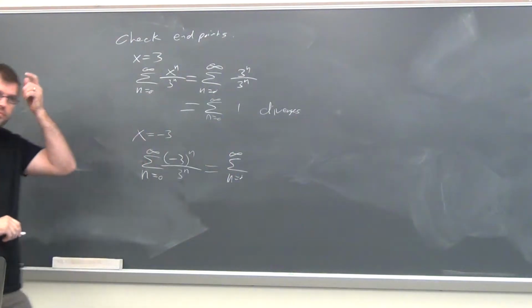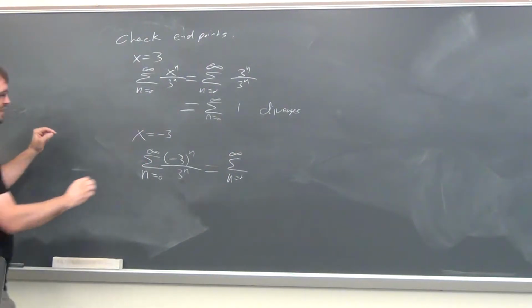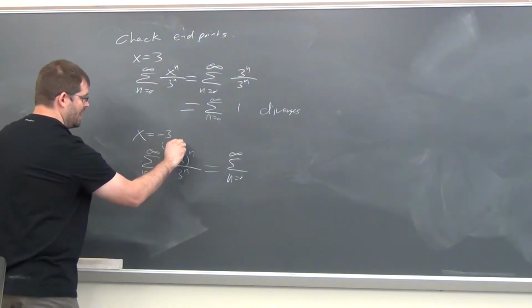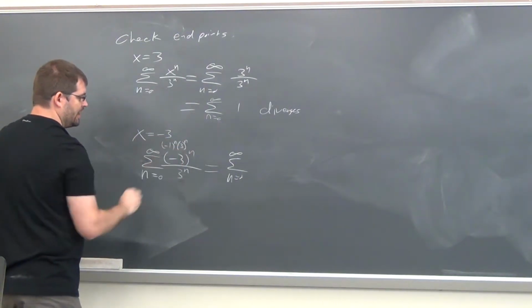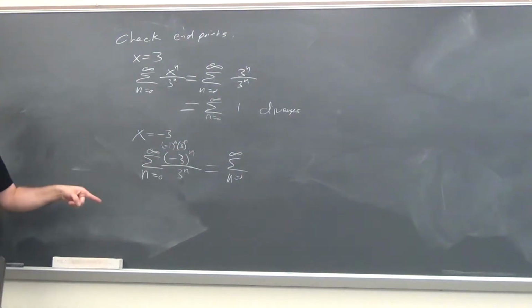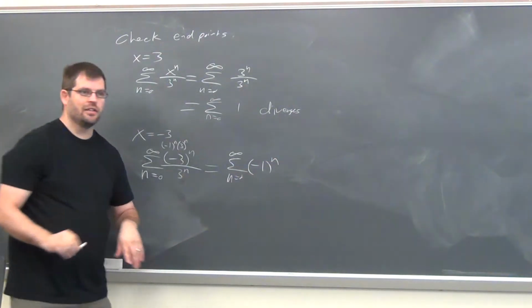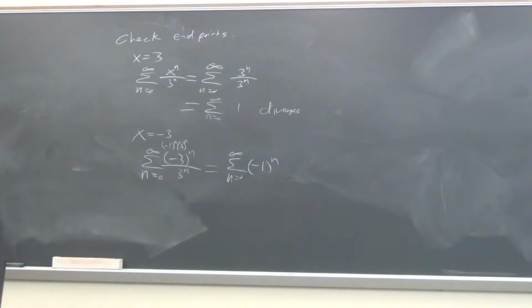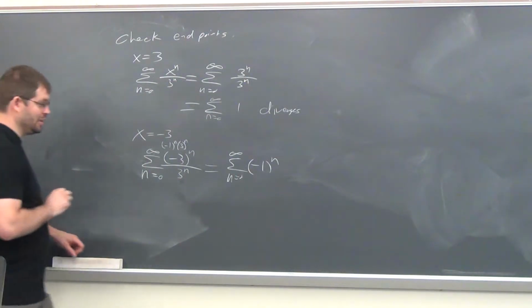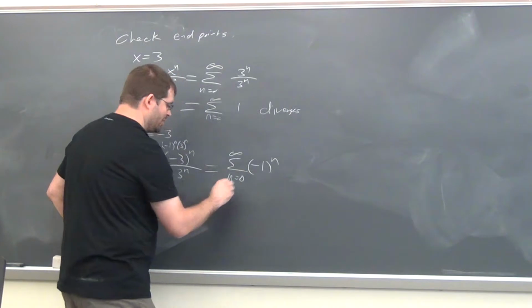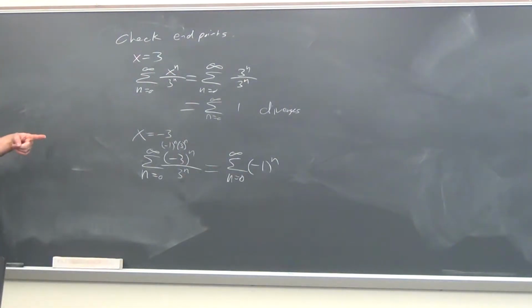Well, let's look at what it is. -3 to the n is the same thing as -1 to the n times 3 to the n, right? So cancel the 3's. You get -1 to the n. Does that converge or diverge? Oh, yes, it diverges, right? I think it definitely diverges, but you don't seem super confident in it, so let's talk about that separately.